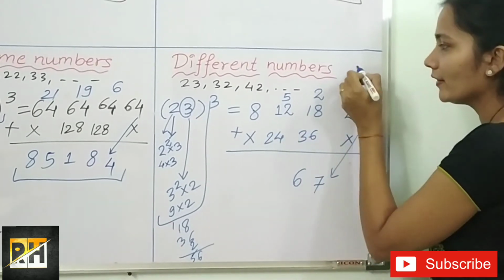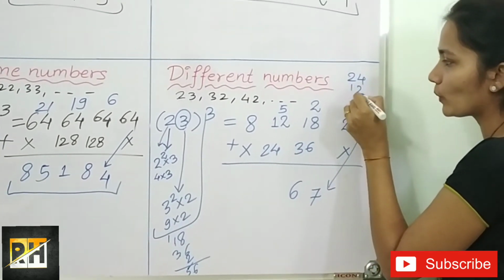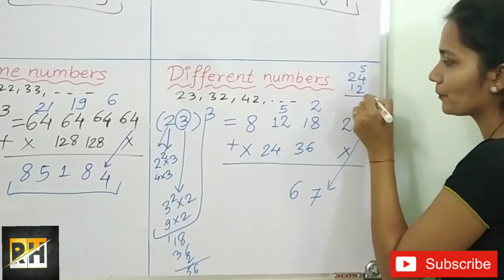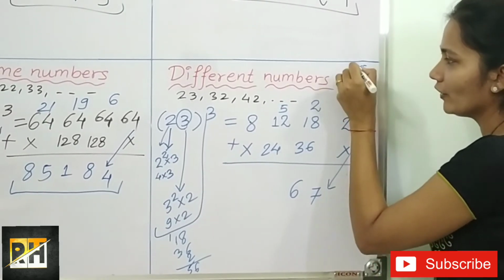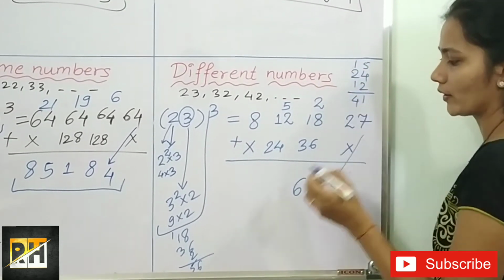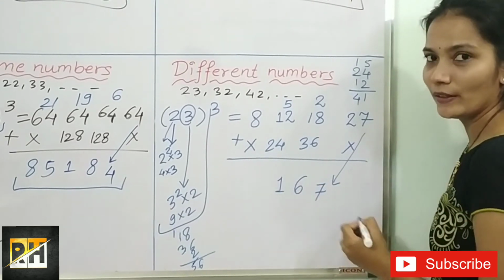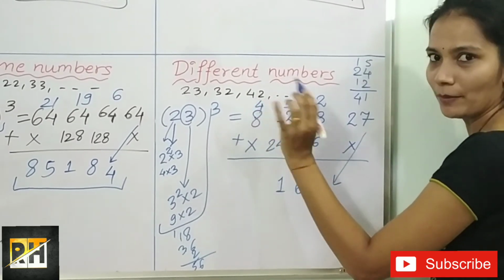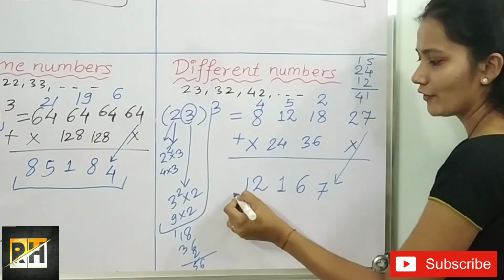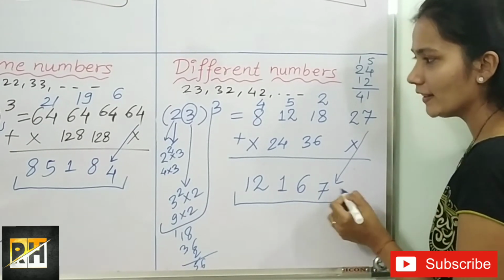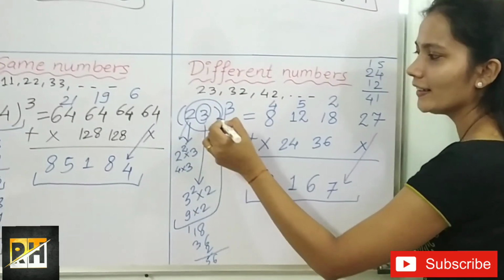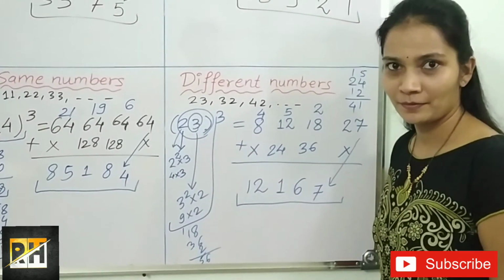Again you have to add 24 plus 12 plus 5. Then 11, 1 and 4. So 1 you will write and 4 will be carried. 8 plus 4 is 12. And this is nothing but the cube of 23.